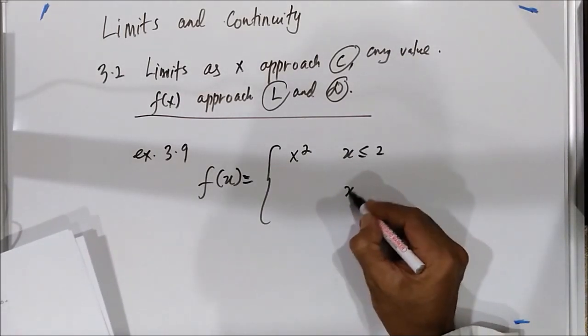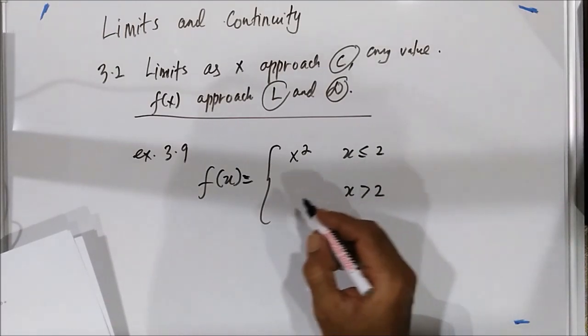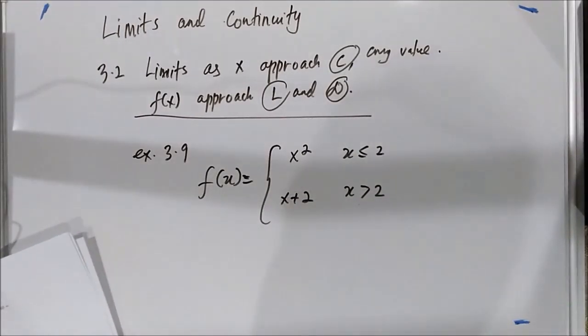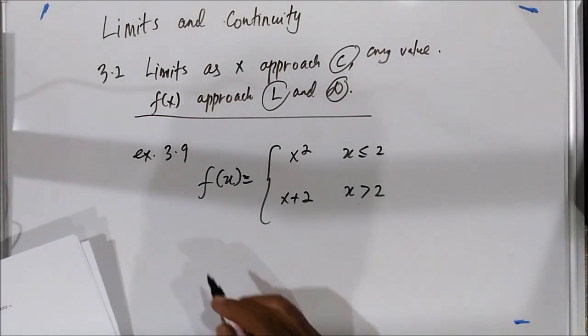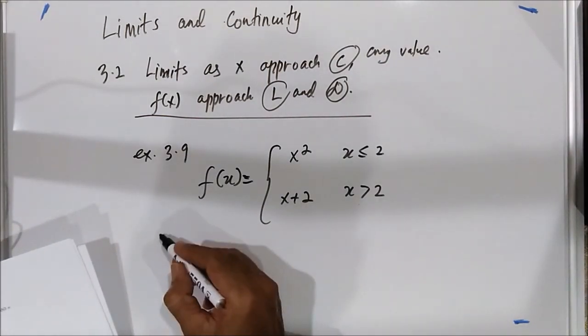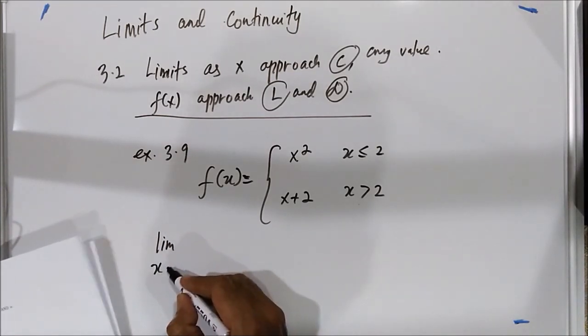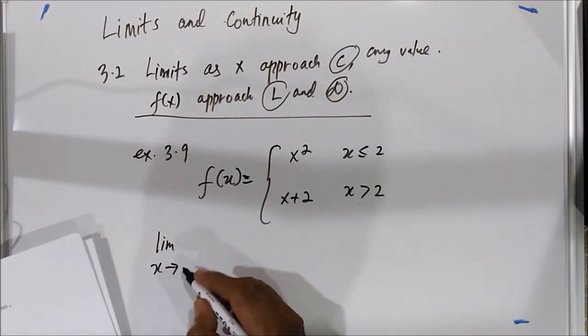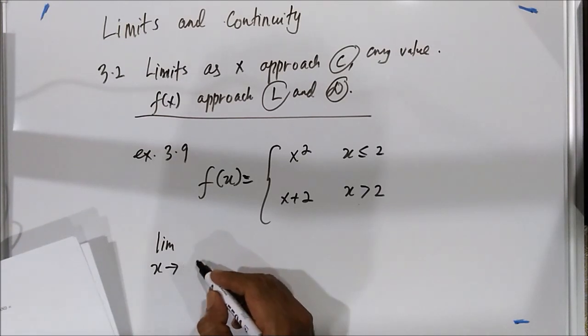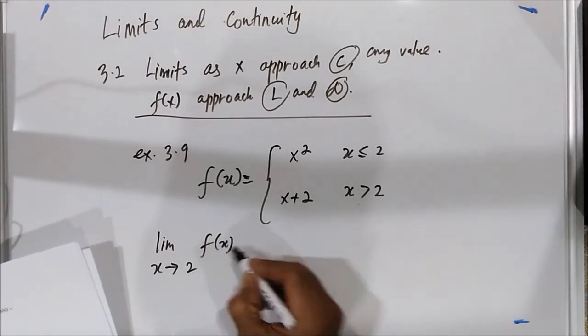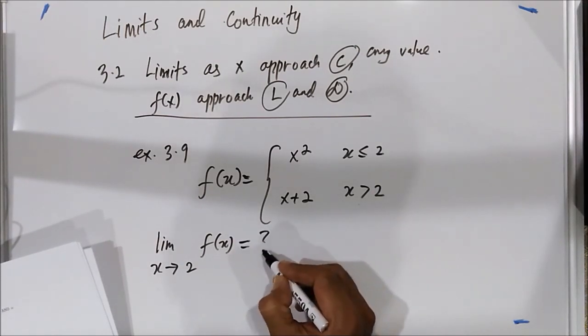Then if x is greater than 2, the function is x plus 2. So I want to find the limit of x approaches 2 for this function.